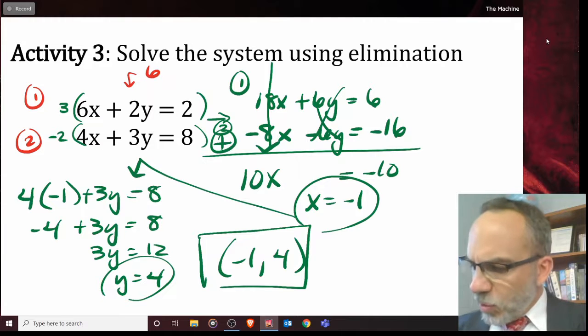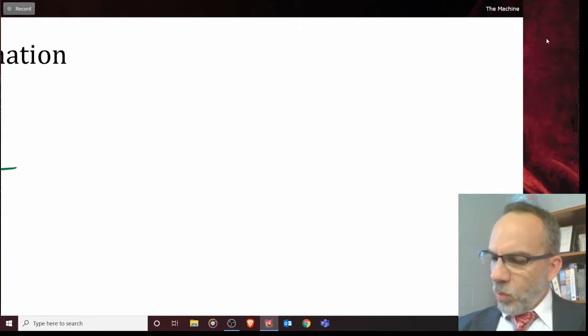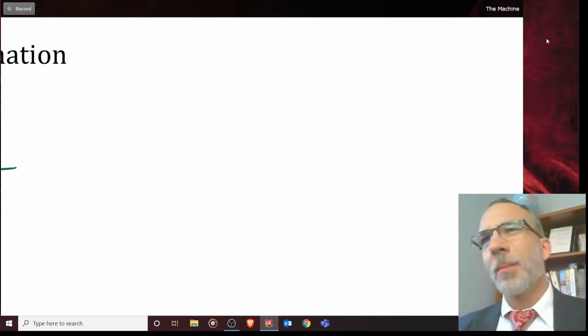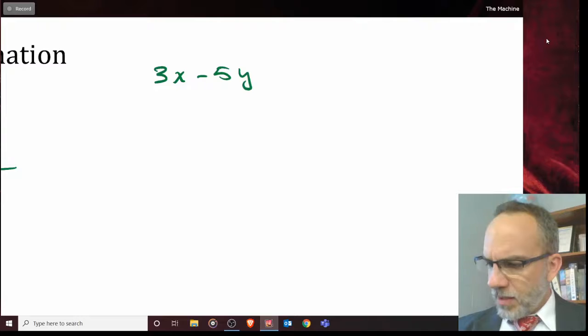Now, let me talk about two different possible options, and you'll see this sometime later. What if you do your work, and I'm just going to make something up here. What if you said something like 3x minus 5y is equal to 12, and then you get something like negative 3x plus 5y is equal to negative 6.